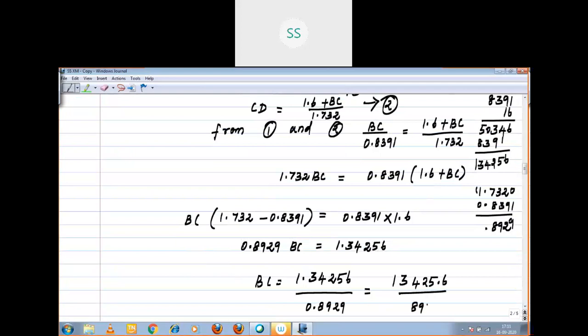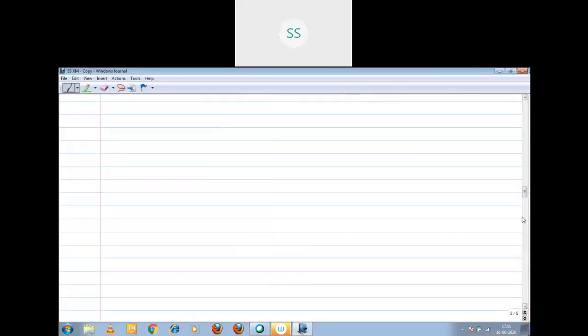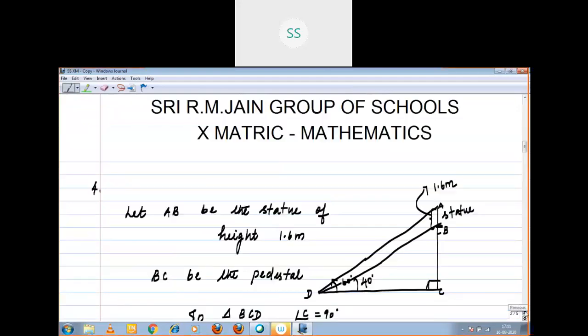You have to multiply by 10,000. You will get it as 13425.6 divided by 8929, which is equal to 1.5 meter. What is the height of the pedestal now?